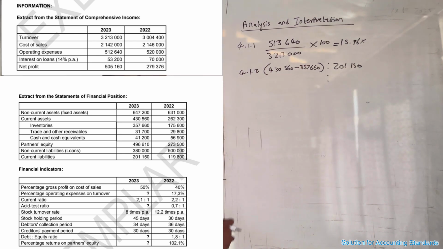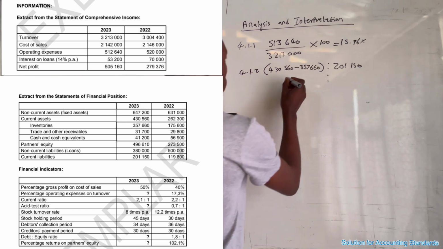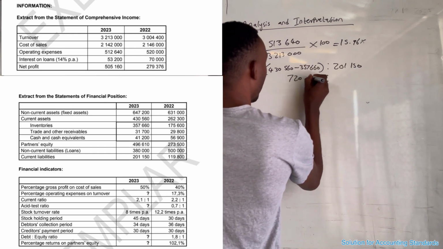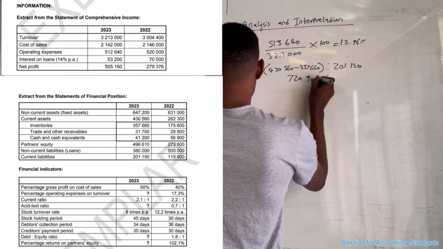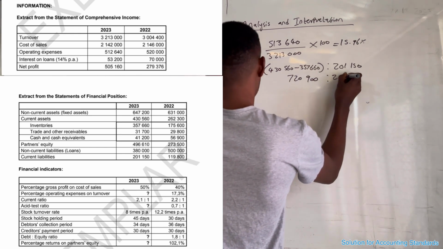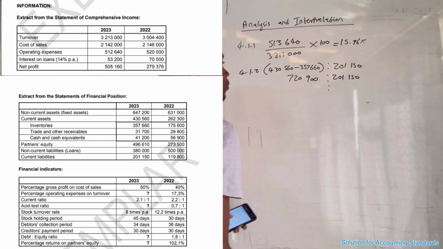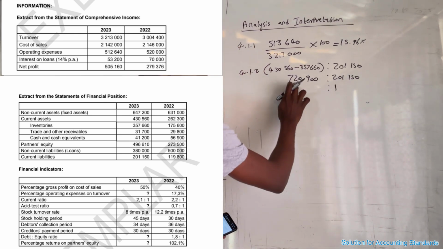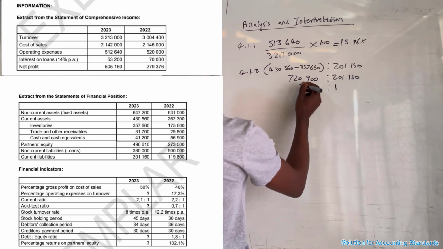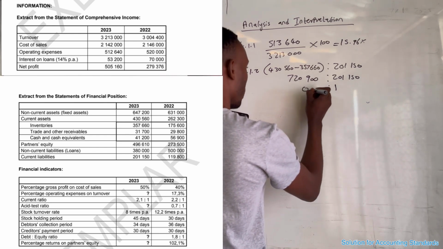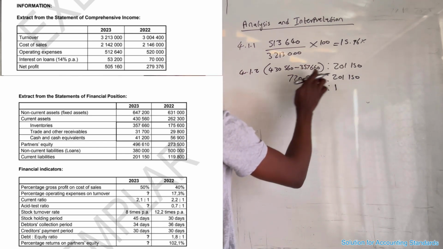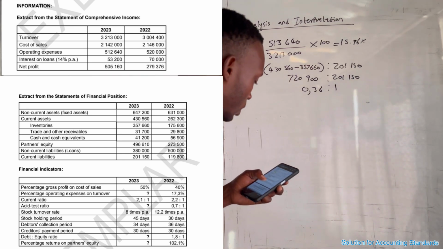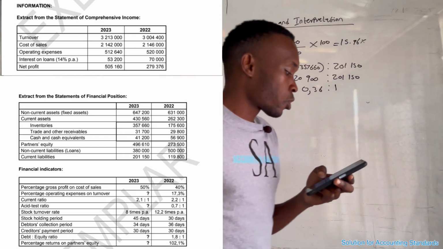Okay, we must first get the total of this side, which is going to give us 72 900. 72 900 is to 201 150. Okay, this side is always 1, guys, and for this side you have to say this divided by this, and it's going to give you 0.36. Okay, let's proceed to the next one.